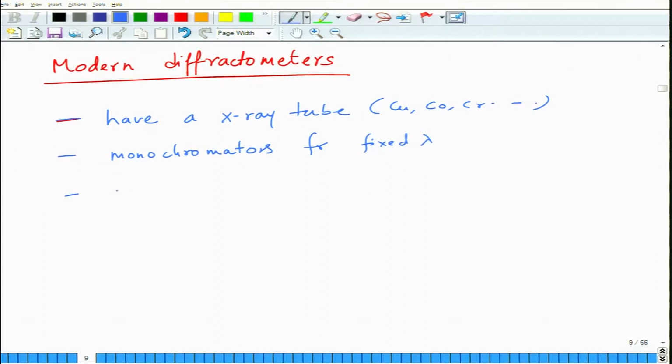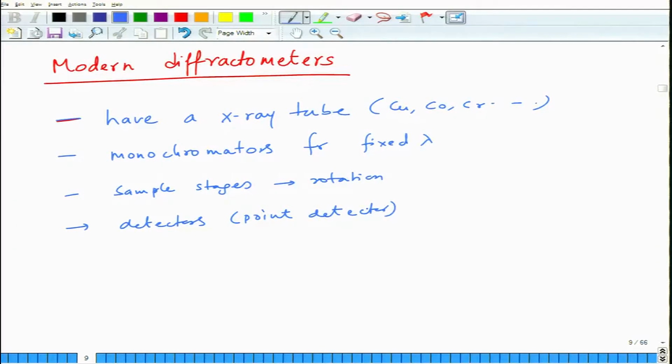Then we have sample stages where you can have possible rotation, and then you have detectors, which are basically point detectors, much better than photographic plates because they give you very high intensity of diffracted peaks, and these also can rotate.